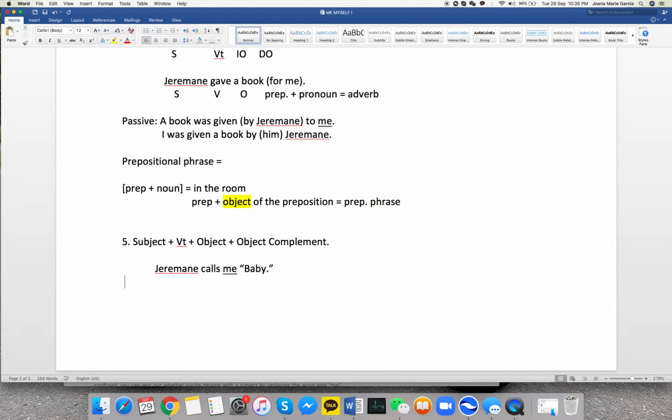And for the passive form, me will become I because it's the subject. I am called baby by Jermaine or by him, since that is the object of the preposition. Don't forget that. Please don't be confused with this part.